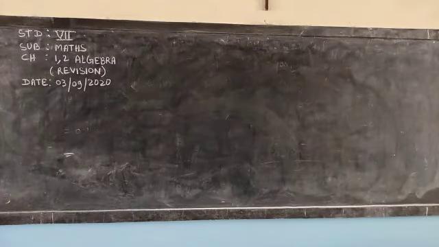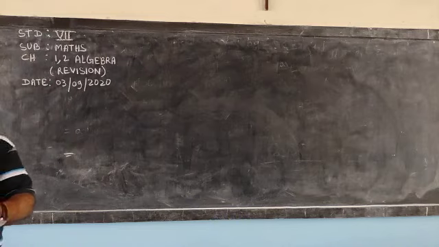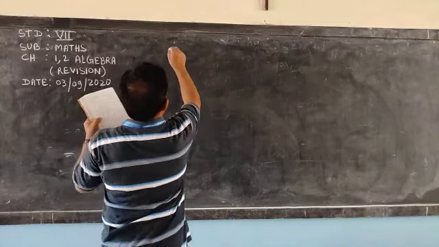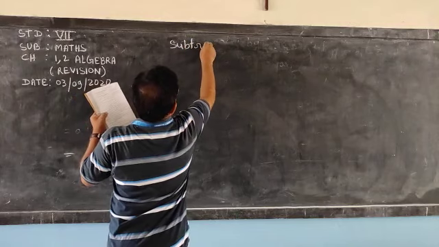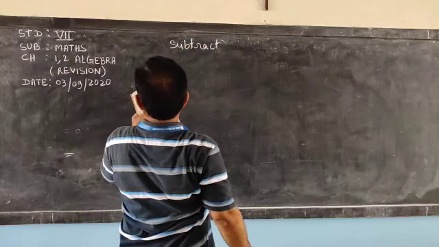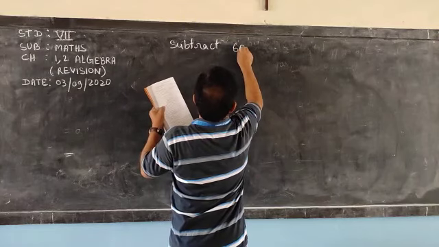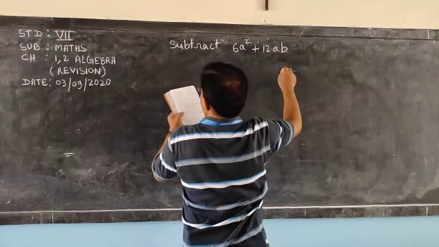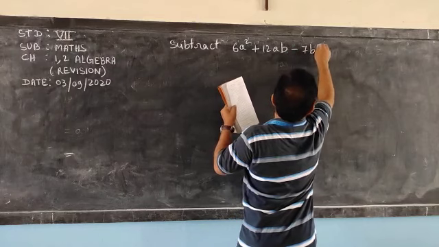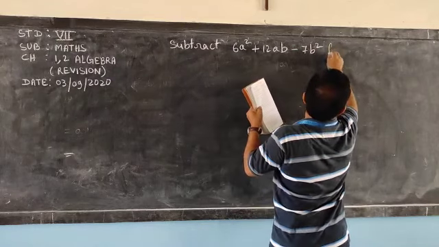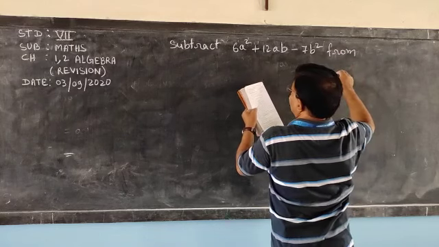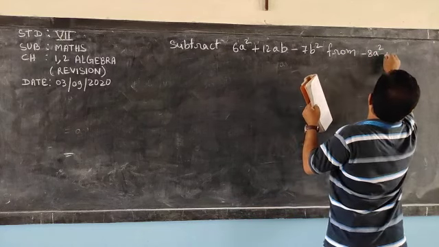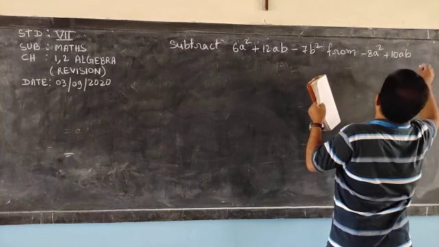Take one example. Subtract 6a square plus 12ab minus 7b square from minus 8a square plus 10ab minus 5b square.